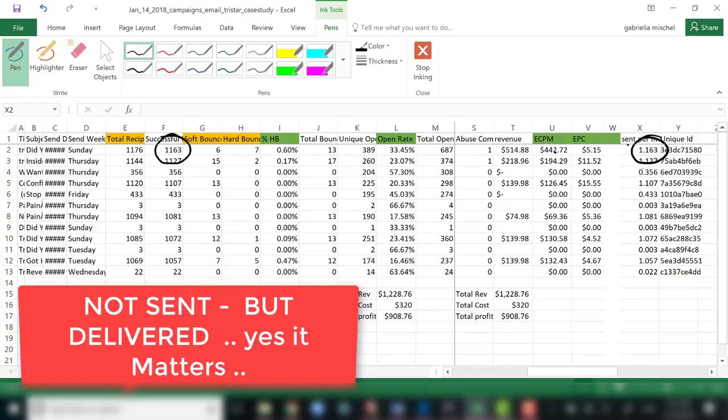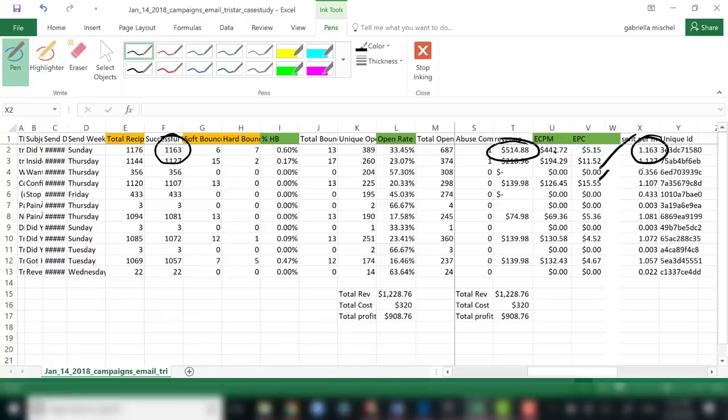Okay, so now that you have that cost per mil, that's the column I'm keeping it in, you're going to take your revenue, really simple, and then you're just going to divide it by this cost per mil. And then you're basically going to get your ECPM. And in this particular case, the ECPM is $442.72. Yes, this is a very high ECPM.